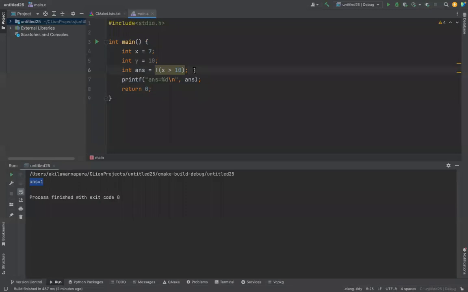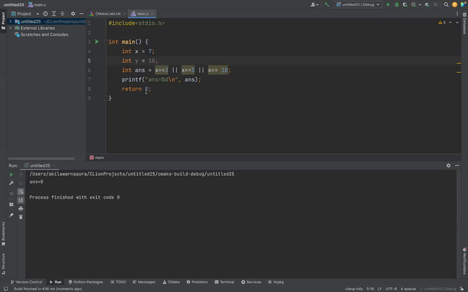Suppose that here the expression is x equal 3 or x equal 5 or x equal 10. Then the y value is not required. The answer is determined on the x value here.